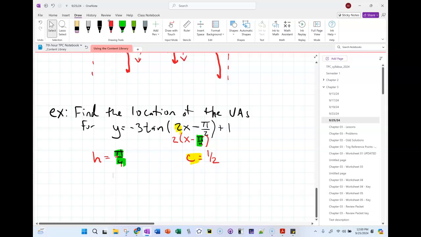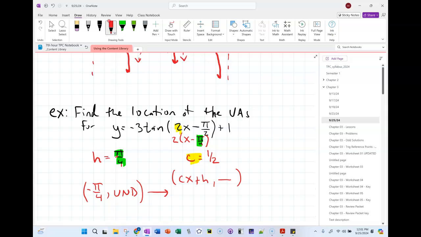All right. So what I'm going to do now is find the location of one asymptote. So I'm going to take from my reference points list one of the asymptotes for tangent. I chose negative pi over 2. And I'm going to transform that.